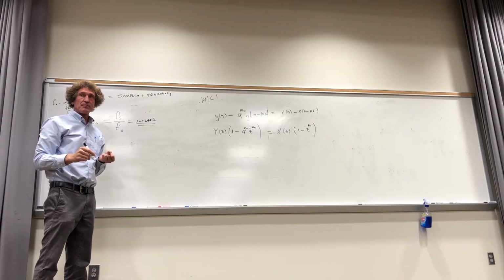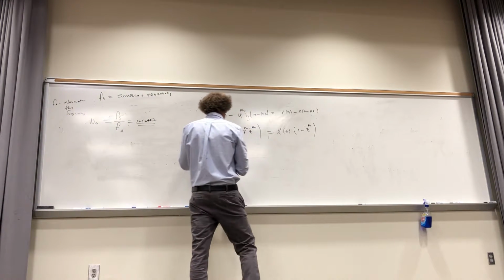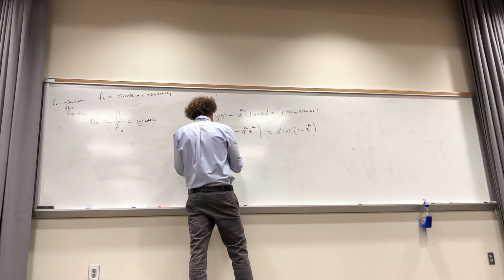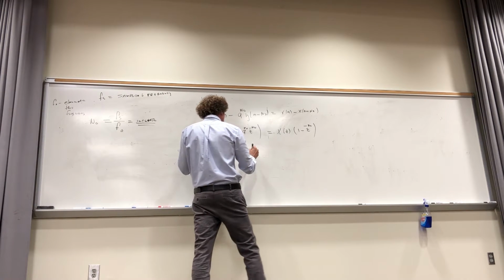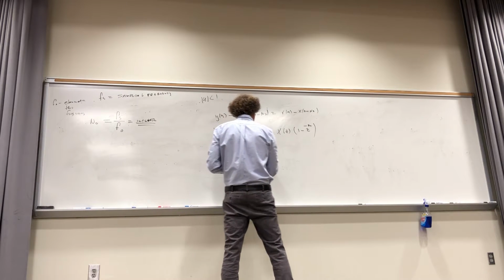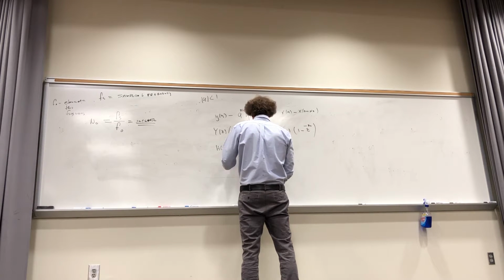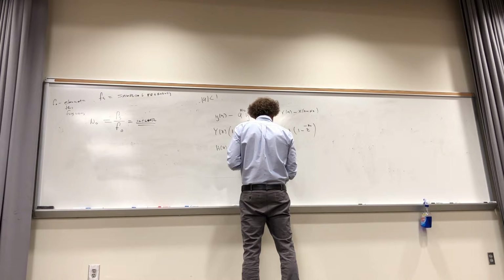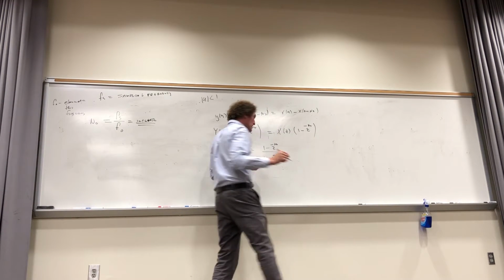Nothing more. Now, when I go ahead and take a look at my h of z equal to y of z over x of z, what I end up getting is going to be 1 minus z to the minus n naught over 1 minus a to the n naught times z to the minus n naught.